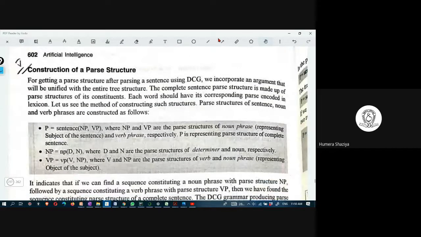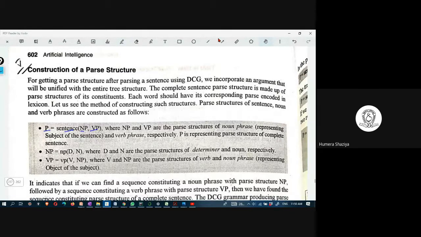Construction of a parse tree. We construct a parse tree using DCG by assigning different values to different phrases. A sentence is having noun phrase, verb phrase. So the total sentence will have two phrases.